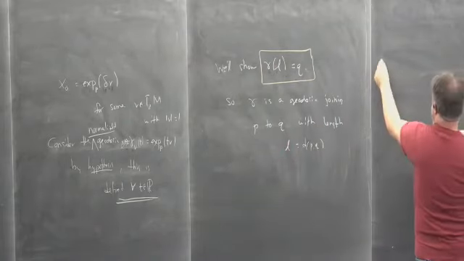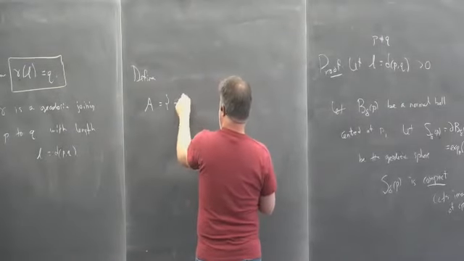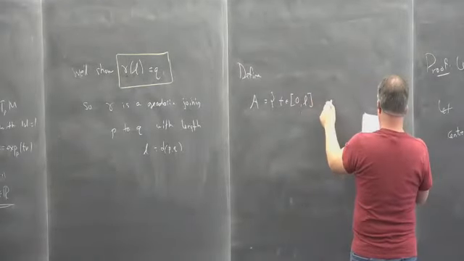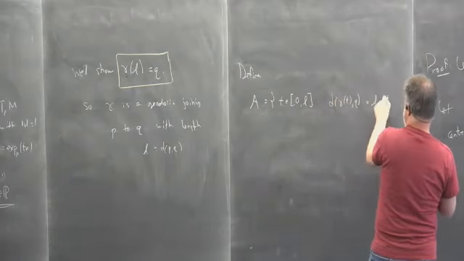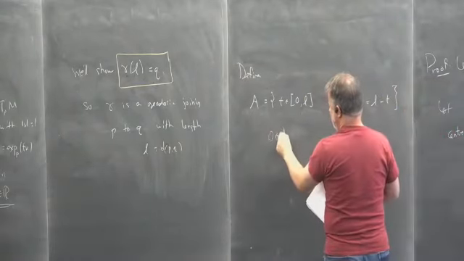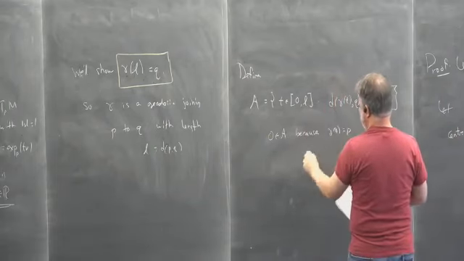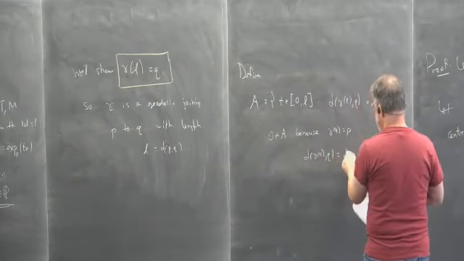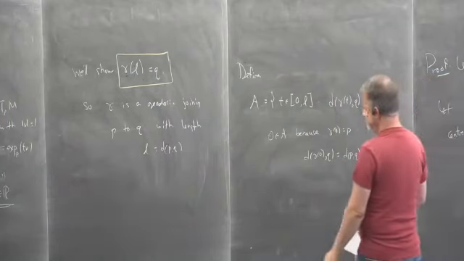Let's define a subset A of the closed bounded interval from 0 to L to be all those points T such that the distance from gamma of T to Q is L minus T. Okay, so we know that 0 is in A because gamma of 0 is P. So we get D of gamma 0 Q is D of PQ, which is L minus 0. Okay, so A is not empty.